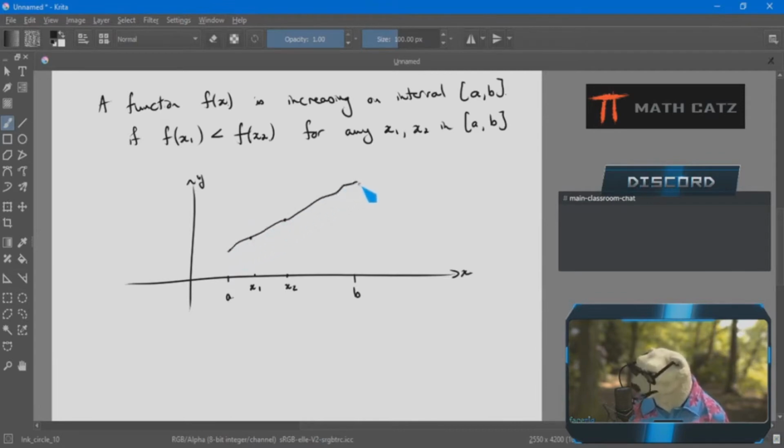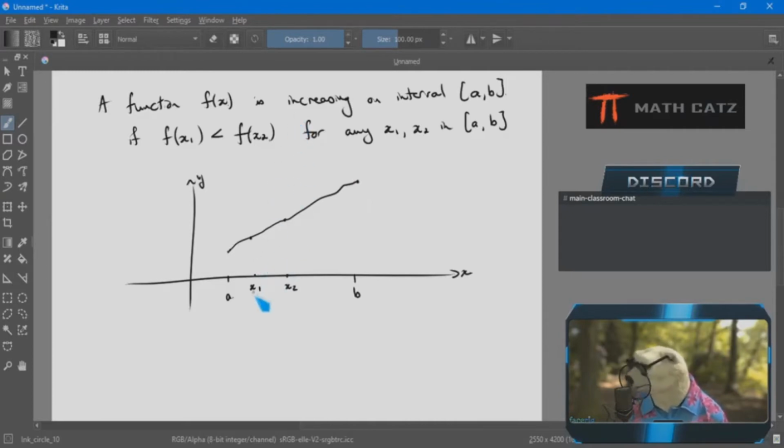It could be wobbly, but from A to B, I need to be going up. One of these endpoints, one of the x values could be the very end point. I still need to go up towards it, so increasing. So it's not a super complicated concept. Just picture the graph. I have to go uphill. I have to go up, increasing.